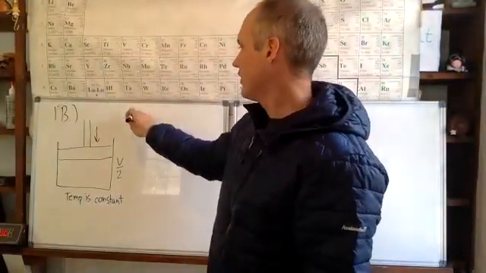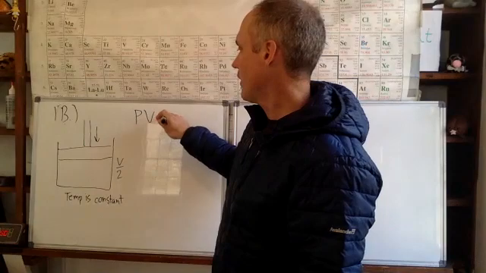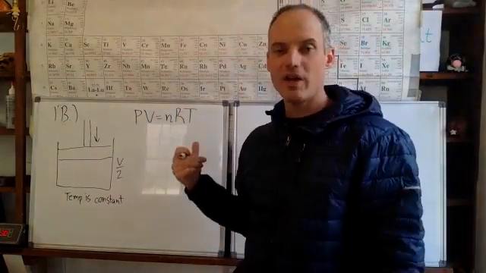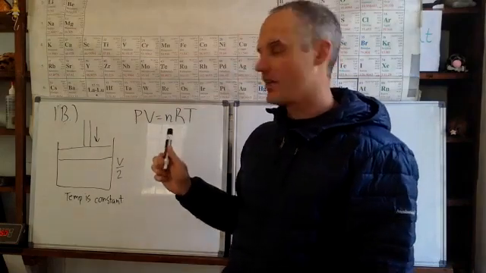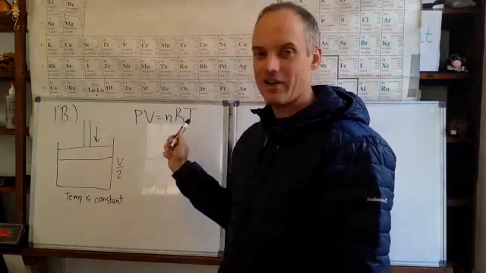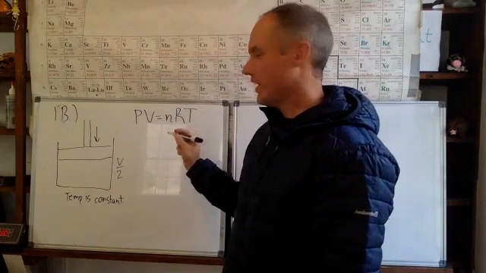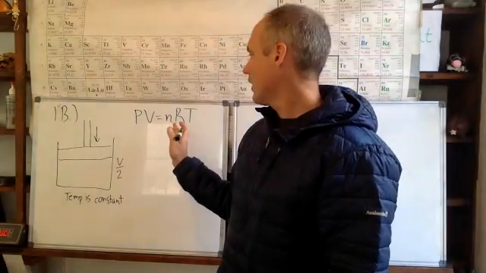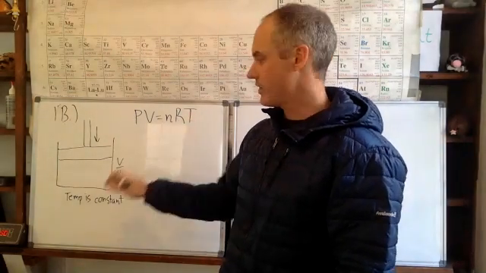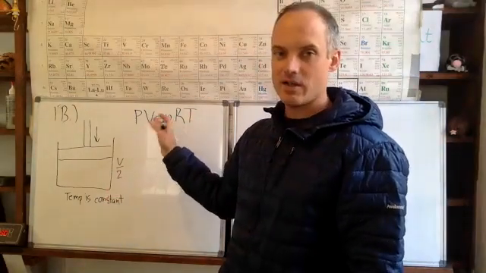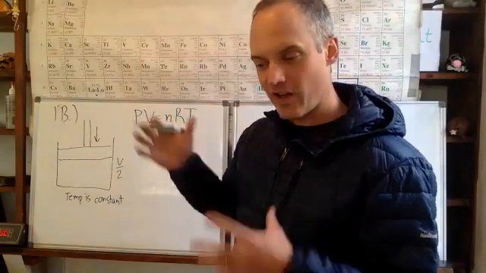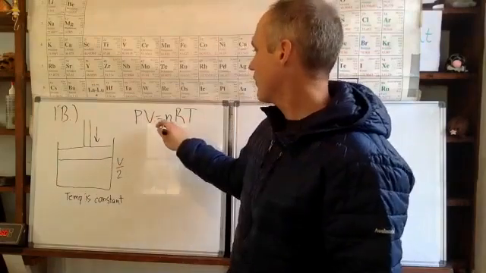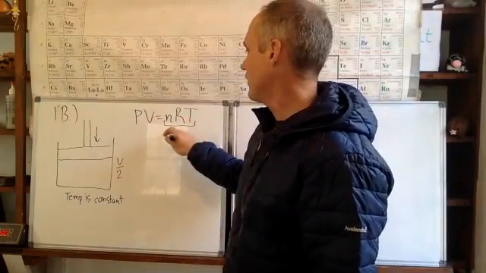Okay, so the equation that should hopefully come to mind when we're talking about gases is the combined gas law or ideal gas law, which is PV = nRT. And R is a constant. It's the gas constant. T is your temperature, which is a constant. And n is the number of moles, which are staying in the container, like they're not leaving or going anywhere. So this whole side is basically a constant.